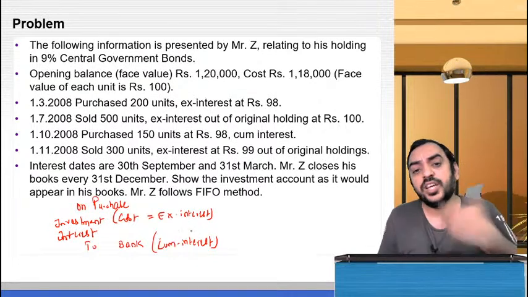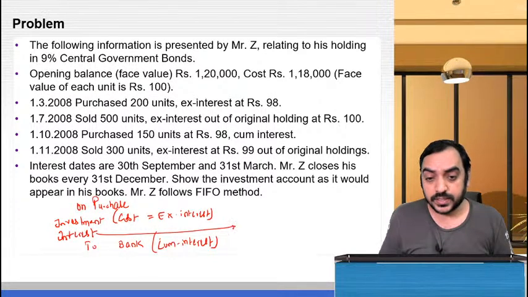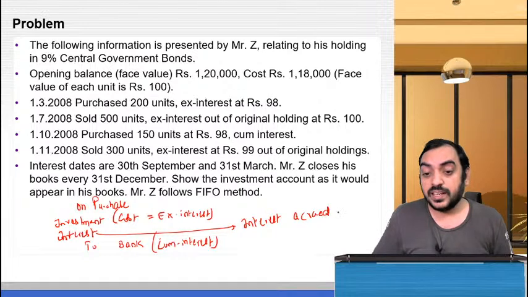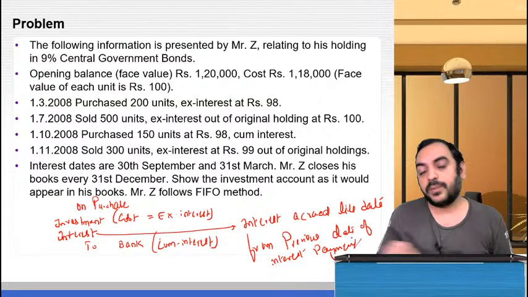And there is a reversal entry when you sell the asset. And what is this interest? This is interest accrued till the date of purchase. From what date? Of course, from the previous date of interest payment.